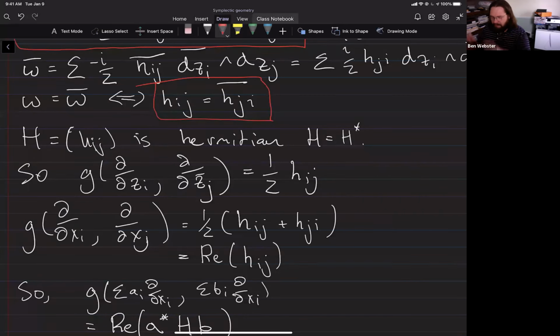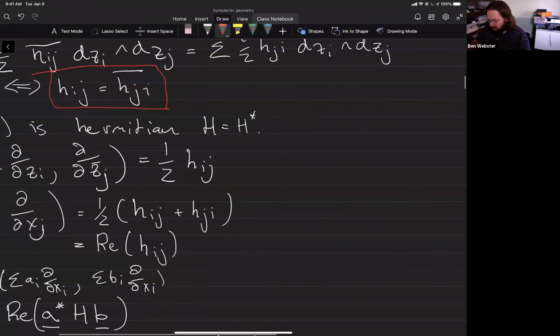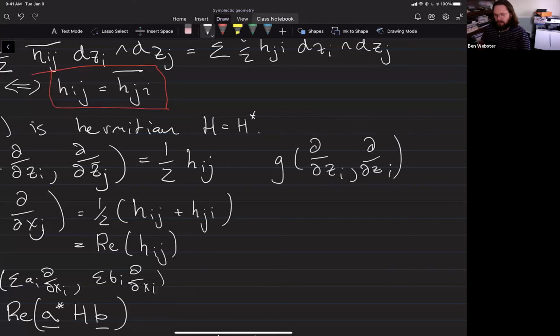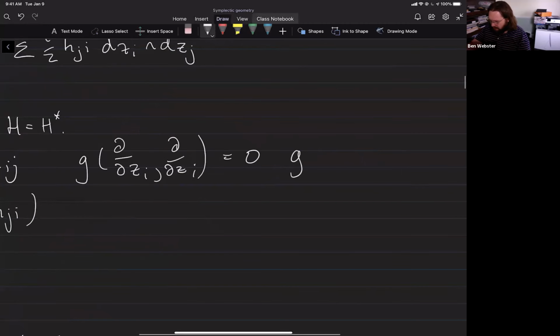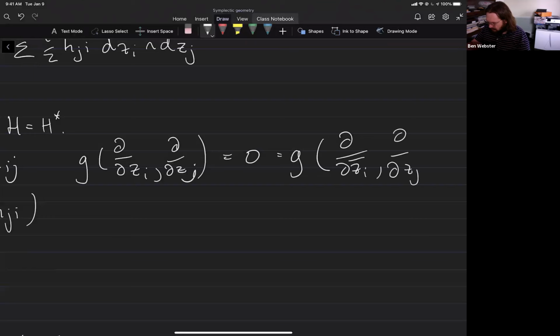Well, because I'm putting in a (1,1) form, g of dz_i with dz_j is equal to 0, and similarly, if I put in dz_i bar and dz_j bar, both of these are 0.